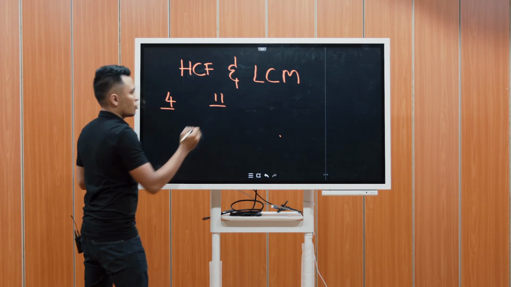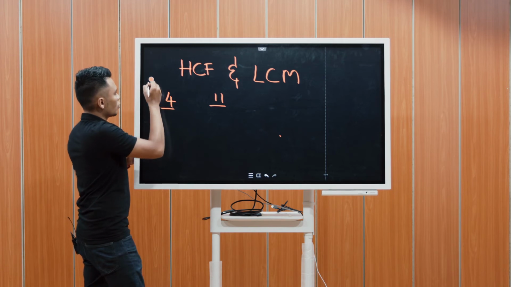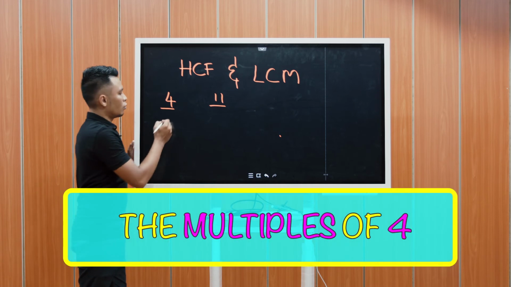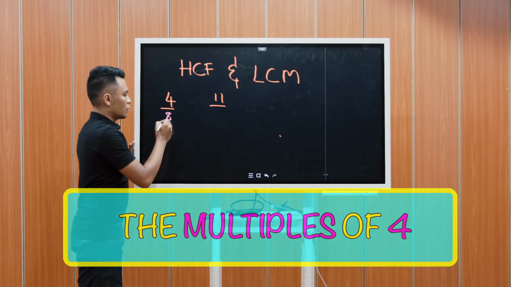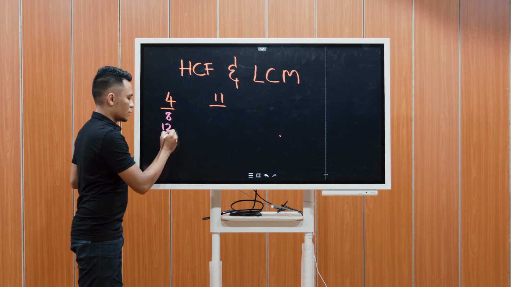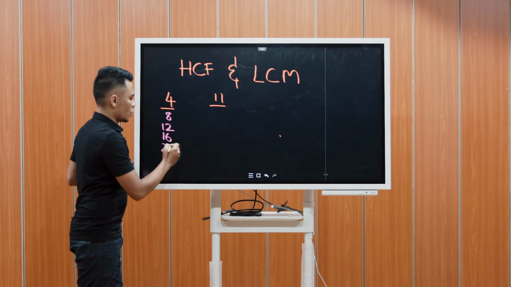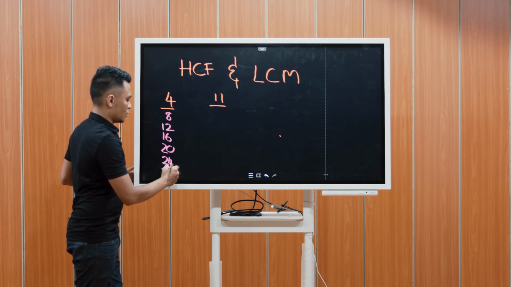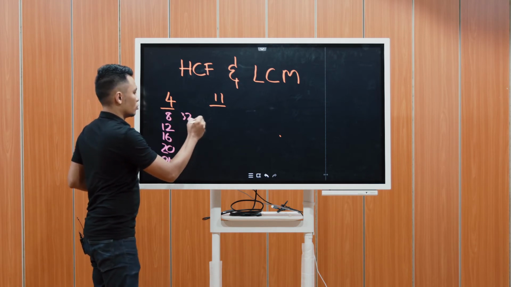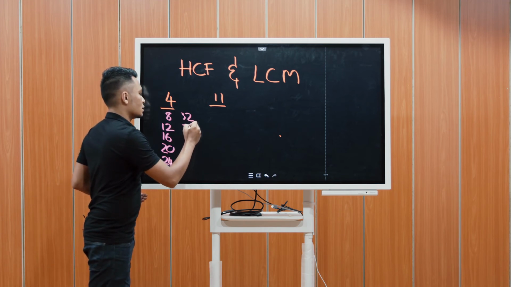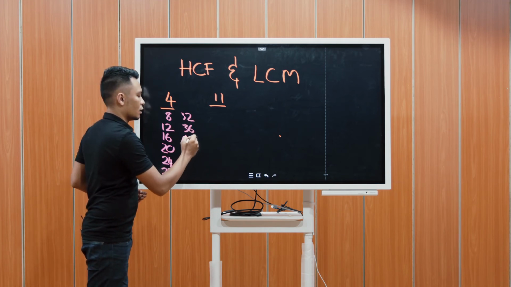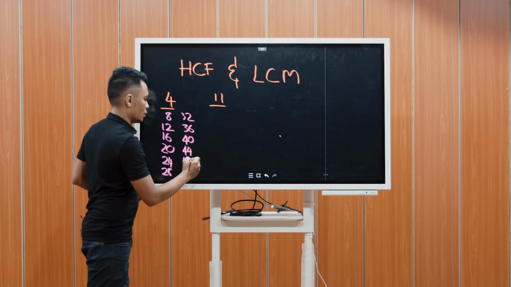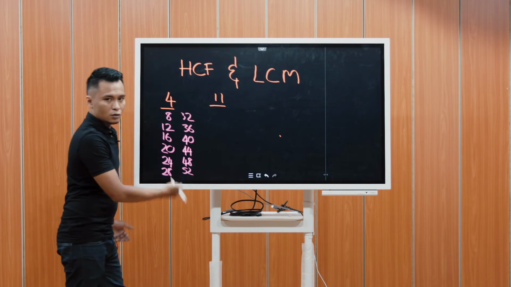The multiples of 4 will be 4, 8, 12, 16, 20, 24, 28, 32, 36, 40, 44, 48, 52, and so on and so forth.